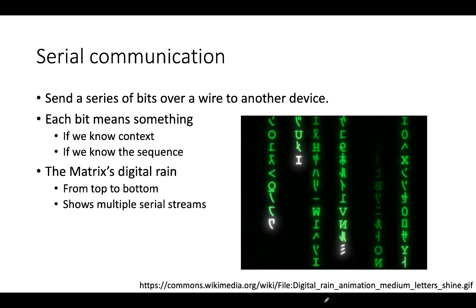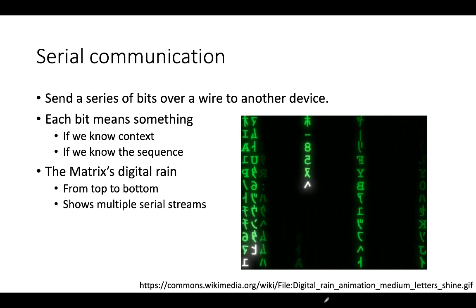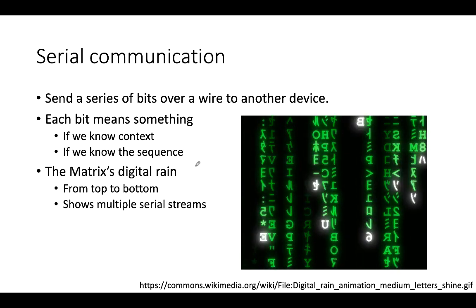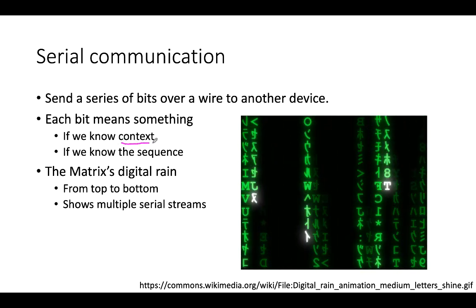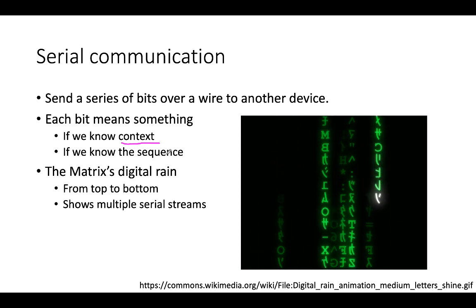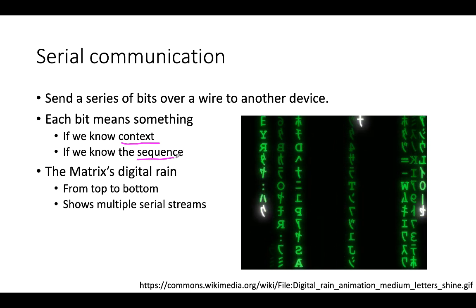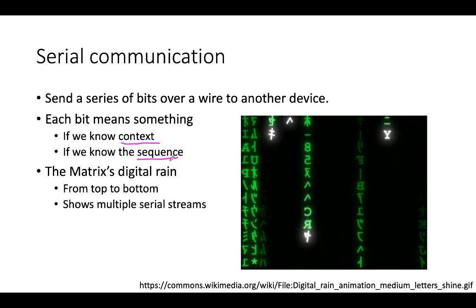Each bit in this stream of information means something, but that meaning only comes about if we know something about the context of the transmission or context of the transmitting and receiving devices, as well as the sequence or order in which those bits are transmitted.